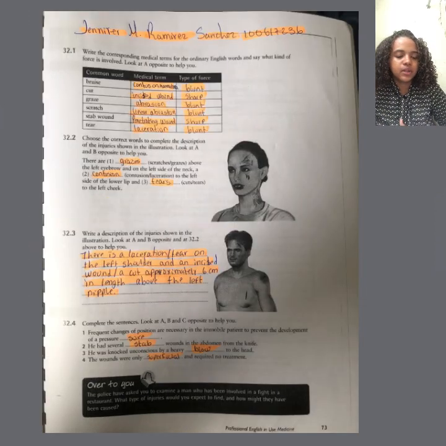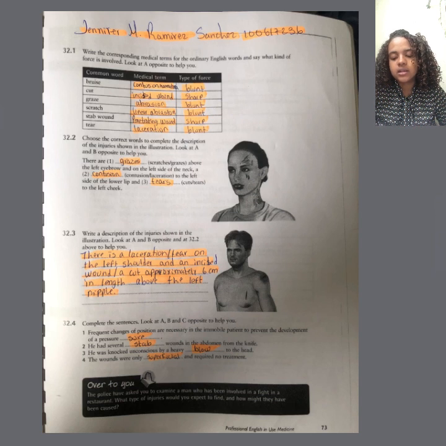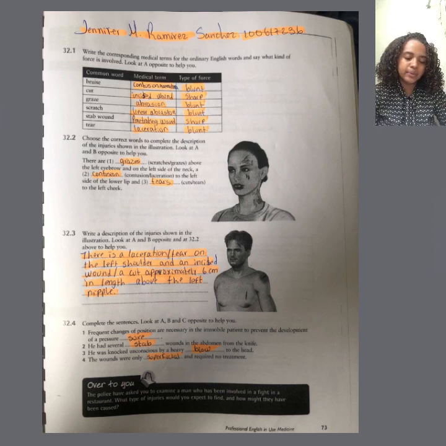Chapter 32. Give the corresponding medical term for the ordinary English word and say the kind of force involved. Look at A opposite to help you.